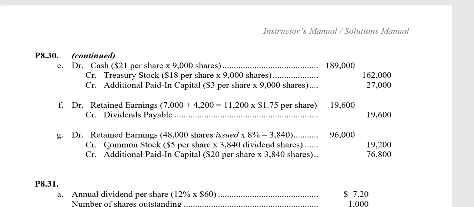The answer is none, right? Because you're basically decreasing and increasing two sections, if you will, on the statement of changes in owner's equity. And so it has no effect on your total stockholders' equity whenever you issue a stock dividend.